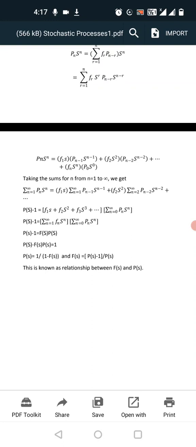The summation n equal to 1 to infinity pn s power n, from equation number 1, is P of s minus 1. So this term is denoted by P of s minus 1.